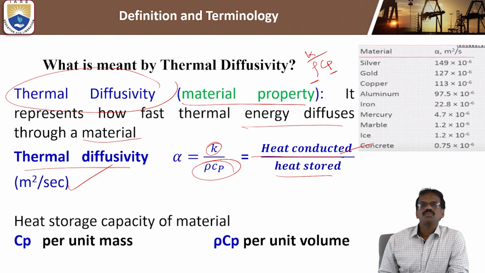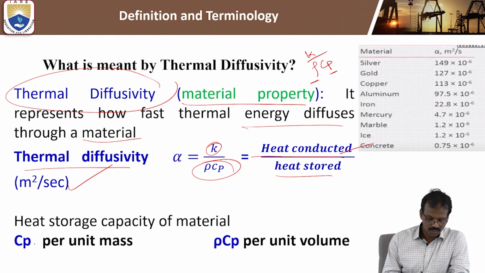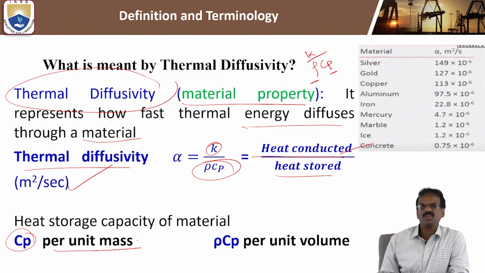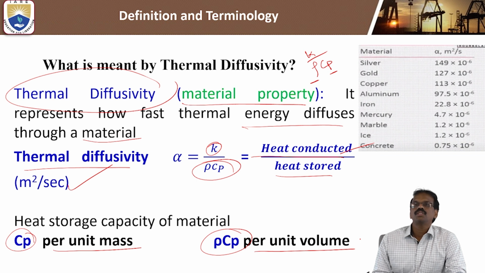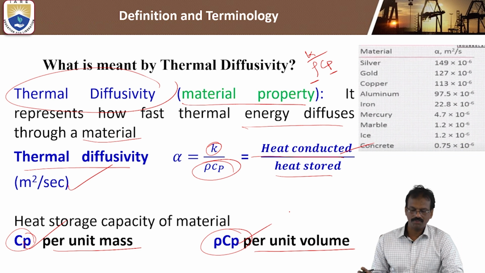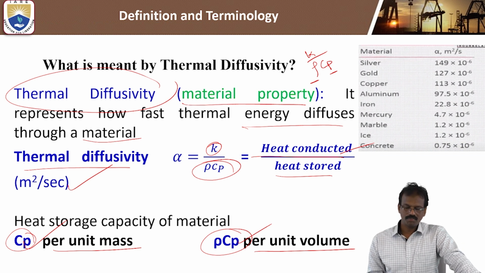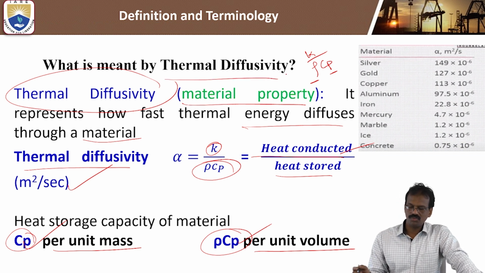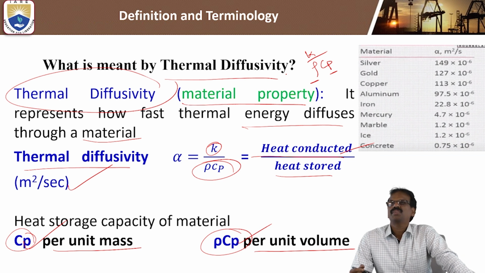So the heat storage capacity of the material is the specific heat per unit mass in case of mass, and rho Cp per unit volume in case of volume. So you have to consider this when solving for material properties like thermal diffusivity. Here we can observe different values of thermal diffusivity.